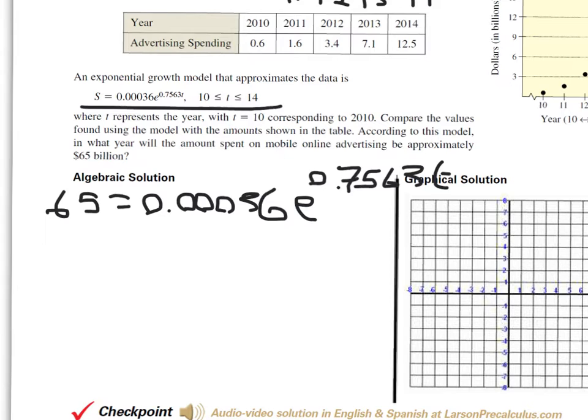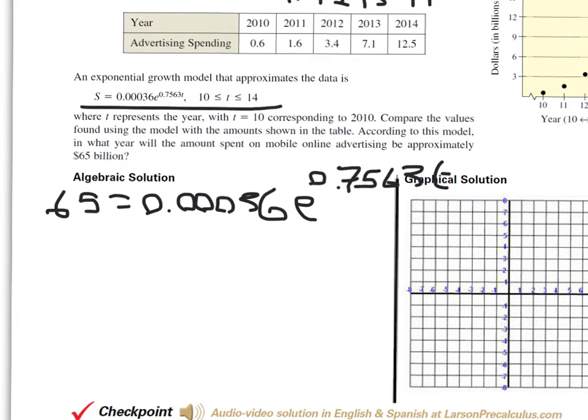So what we're going to do is take the natural log. If we take the natural log of 65 over 0.00036 is equal to the natural log of e to the 0.7563 t, what happens is we can bring that exponent down.